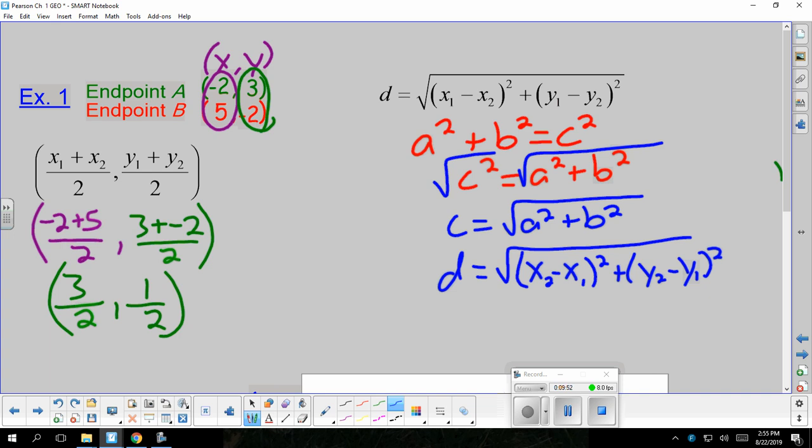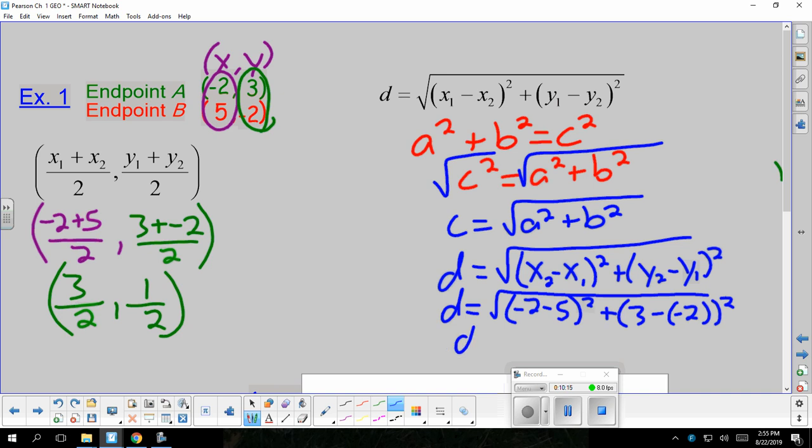So we have d equals square root of negative 2 minus 5 squared plus 3 minus a negative 2 squared. And what do I end up with?